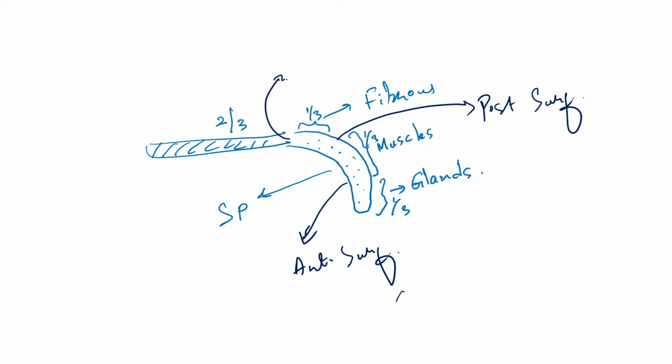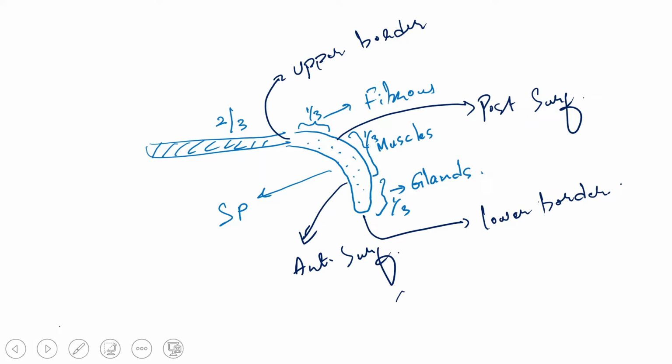This is the upper border of the soft palate, and here comes the lower free border of the soft palate. And of course there are the lateral walls on either side. So there are two surfaces, the anterior and the posterior, and two borders, the upper and the lower border.